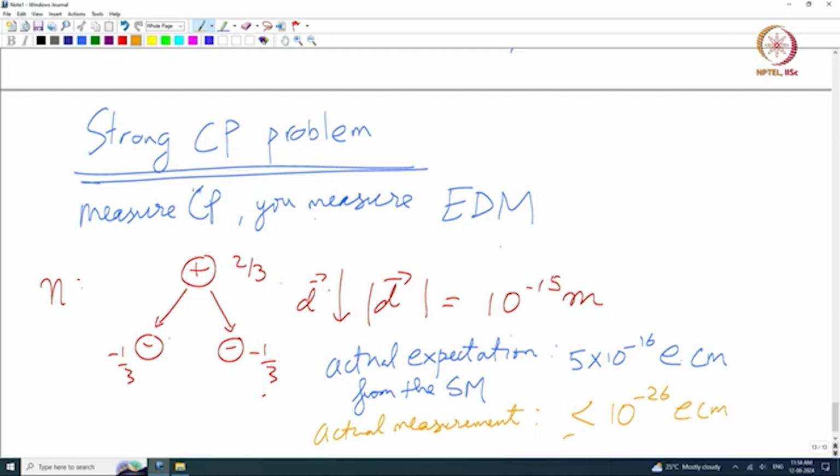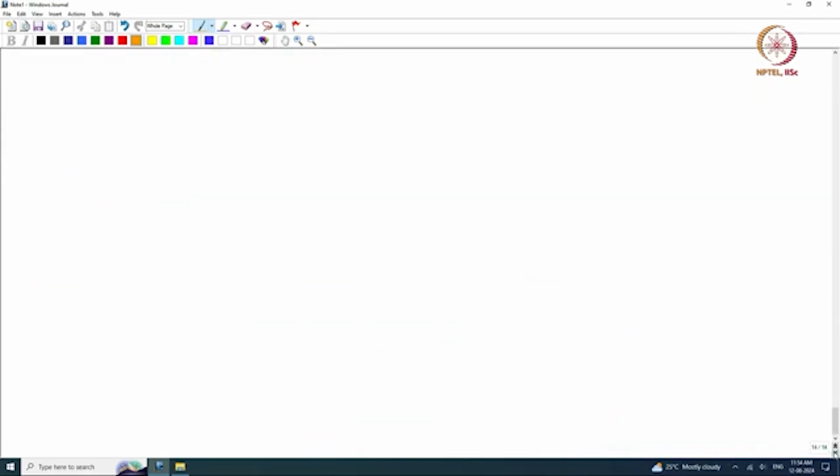In other words, this is consistent with 0. For all practical purposes, you could say that the actual electric dipole moment of the neutron is 0, and that is the mystery.